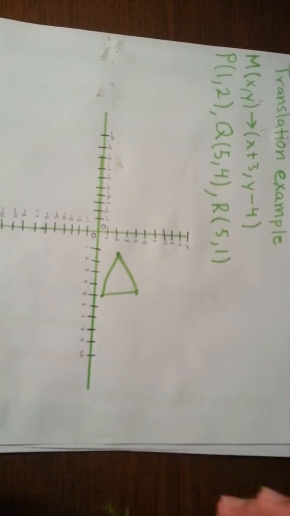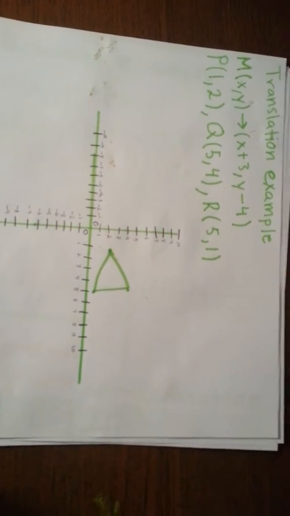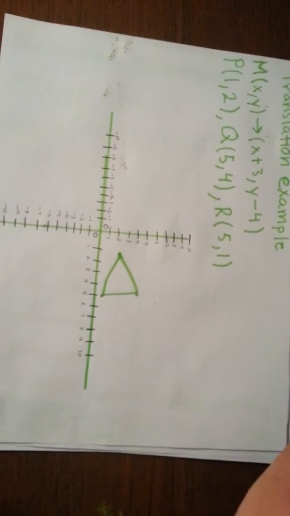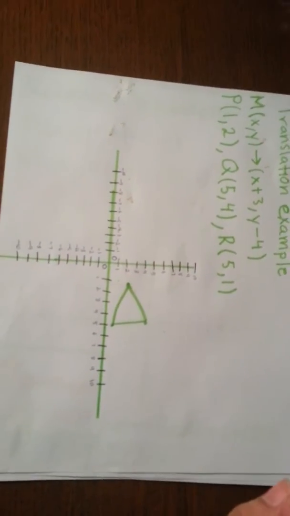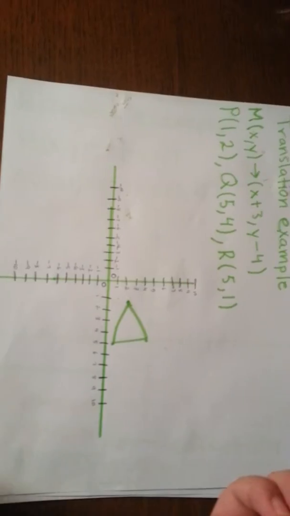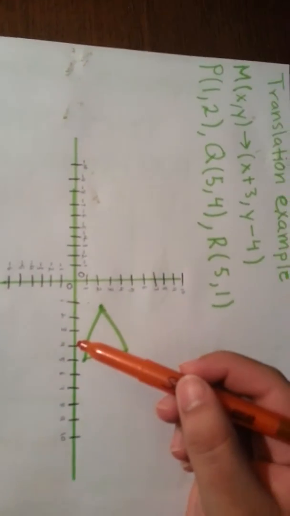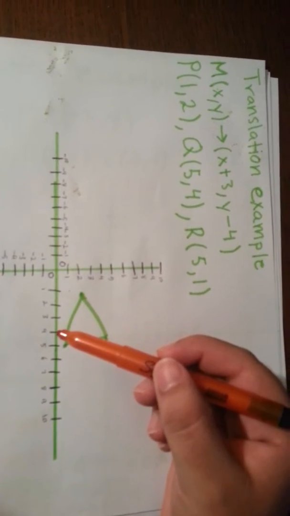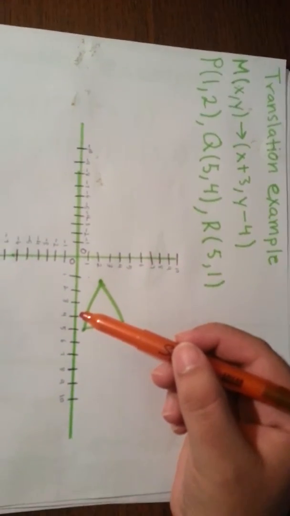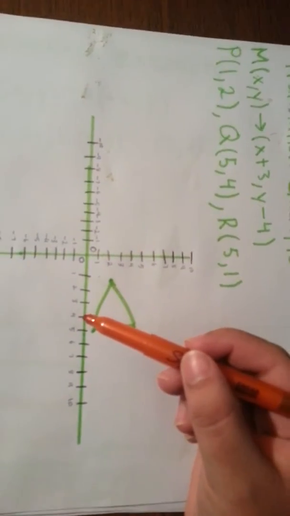When we plug in 1, 2 with x plus 3 and y minus 4, we get 1 plus 3 equals 4. So we will go to 4, and 2 minus 4 is negative 2. So it will be 4, negative 2.